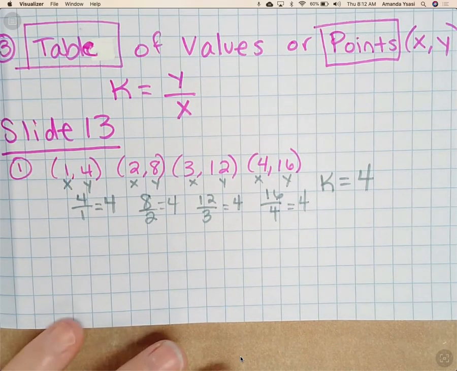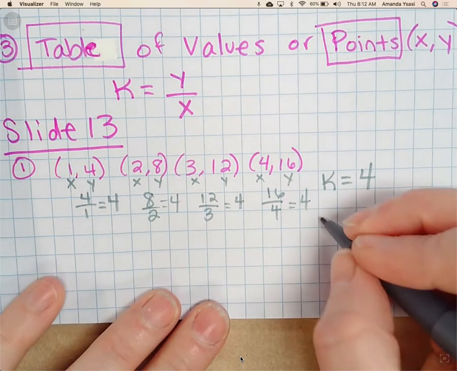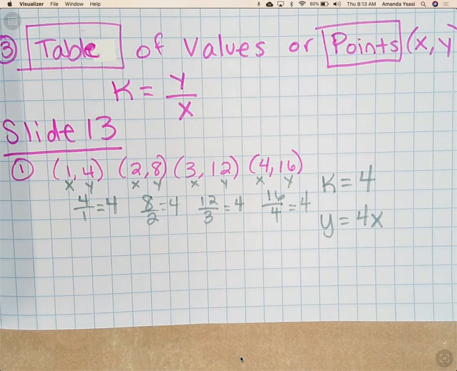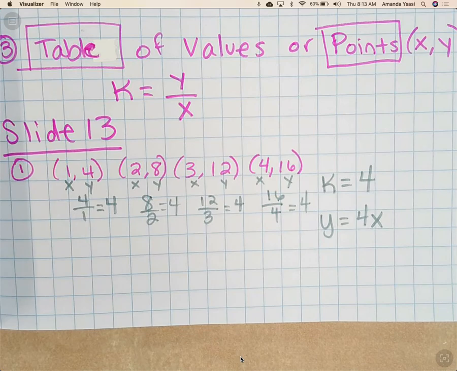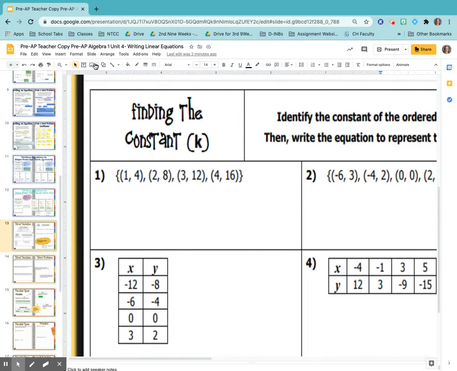And then we write our equation now. Our equation is written as y equals kx. So just y equals 4x. So that's what we can write here.